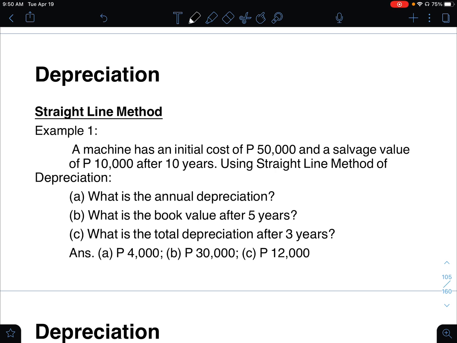Nag-depreciate yung value. So using straight line method of depreciation, unsa ang annual depreciation? So from 50,000, pila yung annual depreciation after 10 years na nag 10,000 na lang siya. And nakabalo lang man ta, 10,000 siya after 10 years, pero nag-depreciate siya annually og pila, mao ang question. So what is the annual depreciation?